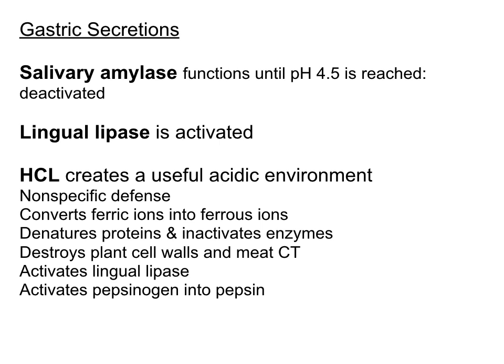Now, let's look a little bit more specifically at the different secretions within your gastric juice. Now remember, salivary amylase was produced by the salivary glands and was part of your saliva, but your saliva gets swallowed with your bolus.